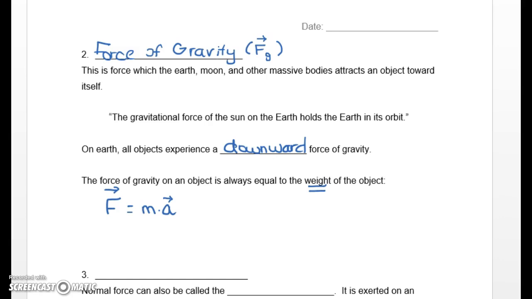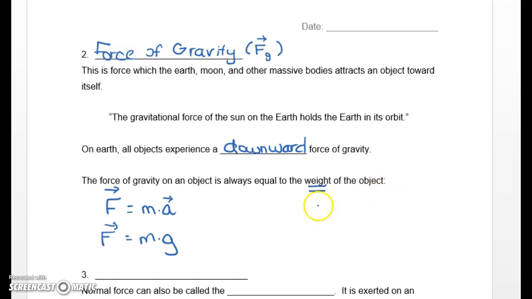This is also how you calculate how much you weigh: you take your mass and multiply it by your acceleration. If we want to specifically look at the force of gravity, we can change our acceleration to the letter g, because g stands for gravity. So force is equal to your mass times gravity, and this is one of the formulas you will find on your departmental formula sheet.